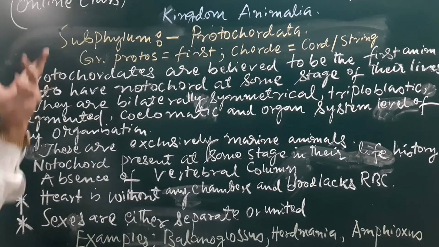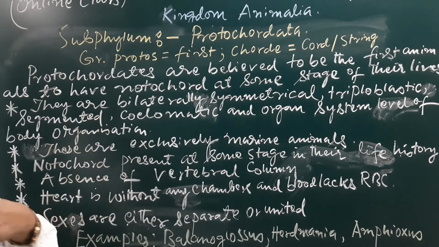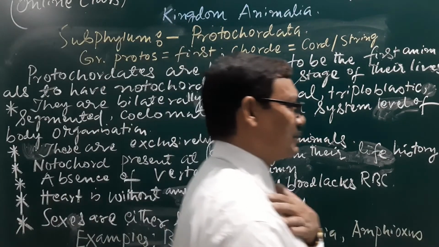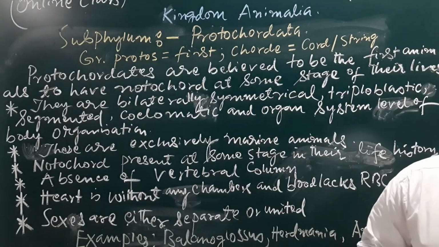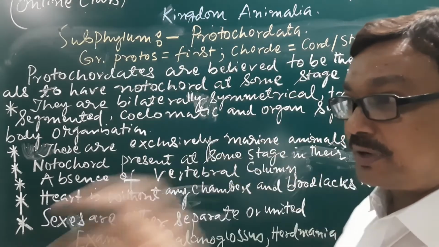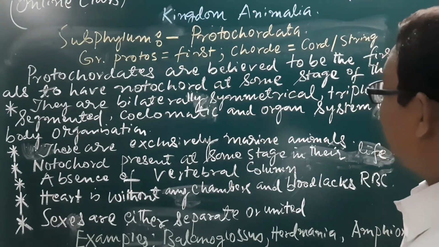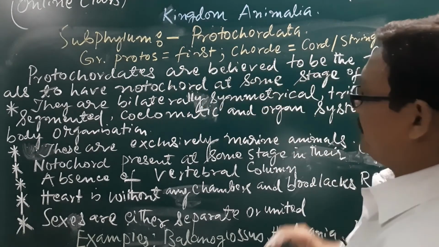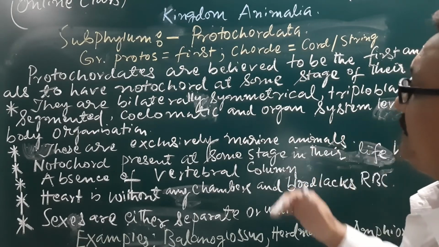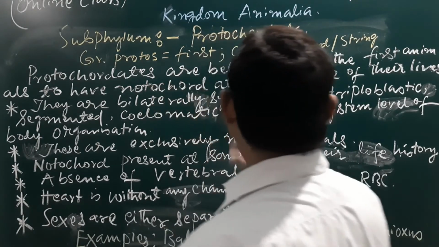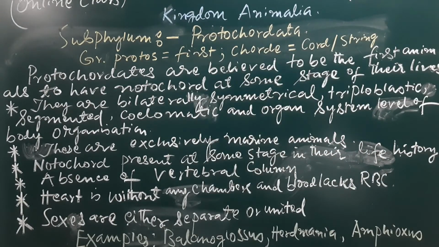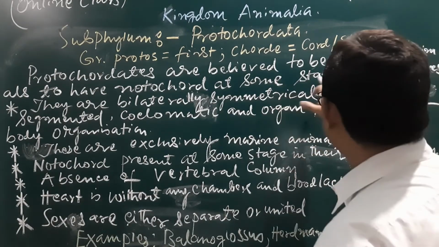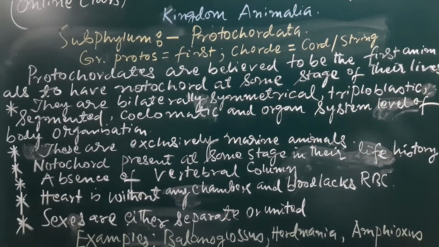Here proto means first. It is very familiar to you, like in the case of prokaryon, the first nucleus, the primitive nucleus. It means they are the first animals bearing the cord or string, but at a primitive stage. Protochordates are believed to be the first animals to have a notochord at some stage of their lives.